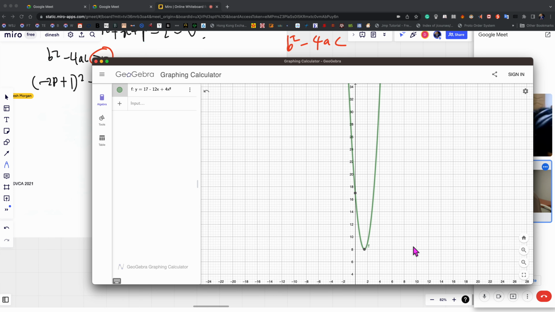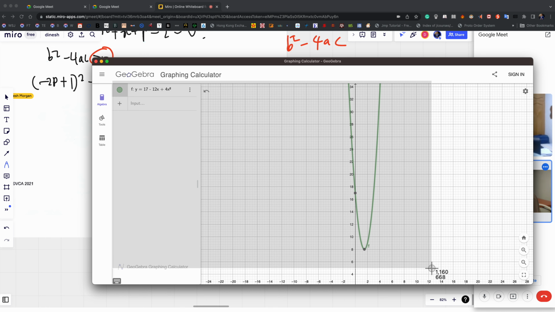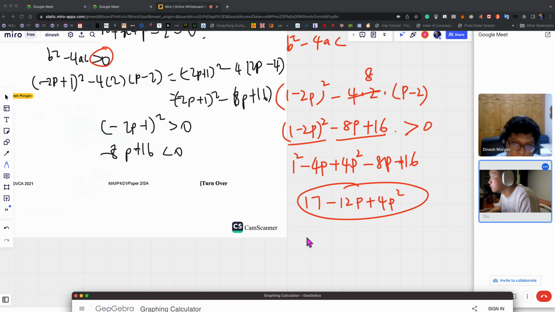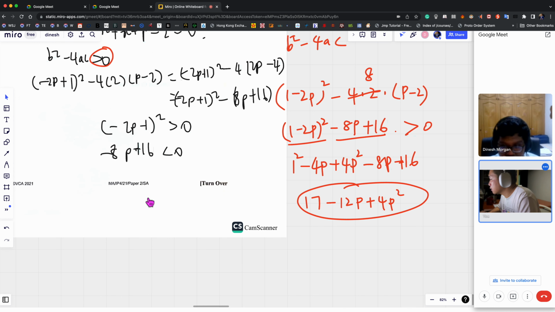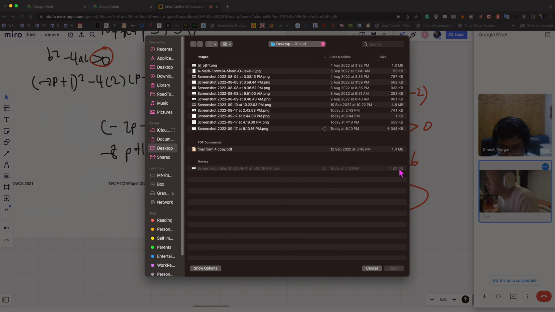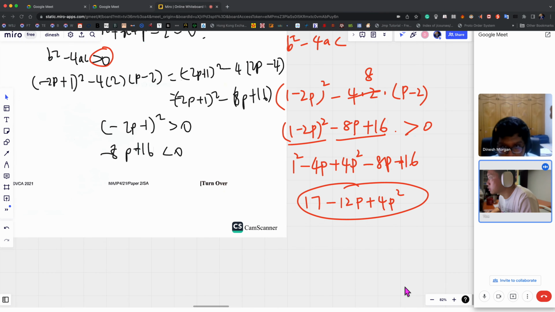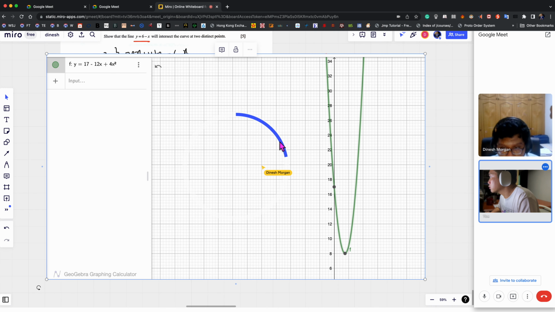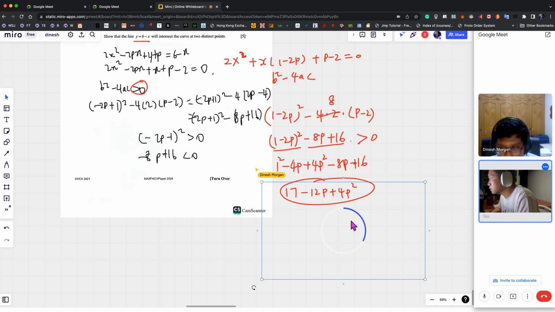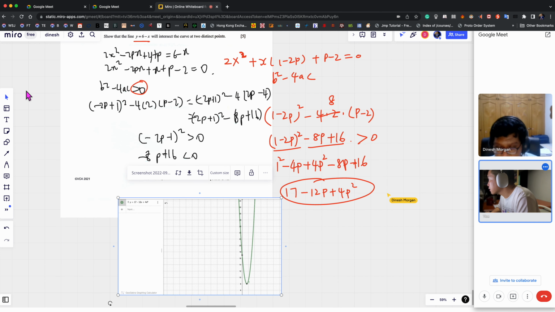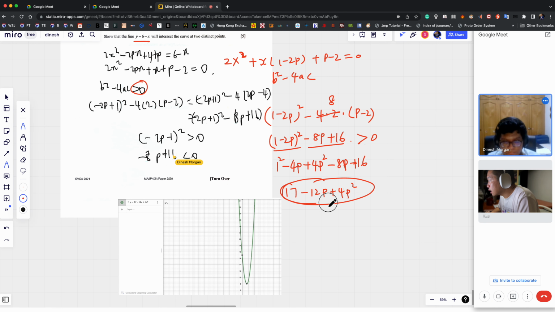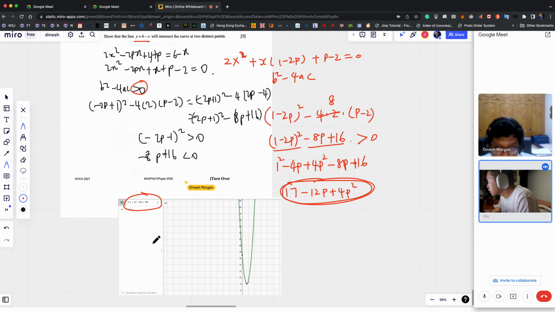Let me send it to you so you know what I'm talking about. What they want you to do is use completing the square, but of course this is another way to show it's always positive. I've uploaded it. Can you see over here? I sketched this out, and can you see that the lowest point is actually 8?